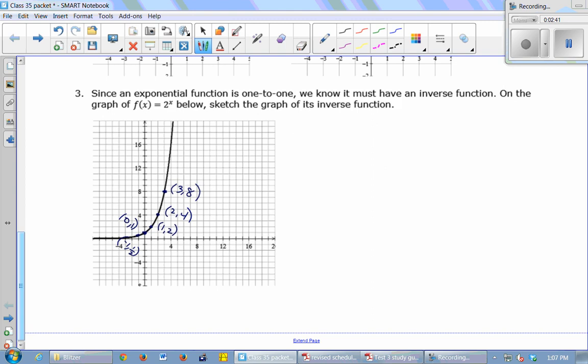Okay, so I swap the coordinates and plot them. Instead of (-1, 1/2), I'm going to have (1/2, -1). Instead of (0, 1), I'm going to have (1, 0). Instead of (1, 2), I'm going to have (2, 1). Instead of (2, 4), I'm going to have (4, 2). Instead of (3, 8), I'm going to have (8, 3). And I'm going to connect all these with a nice smooth curve.